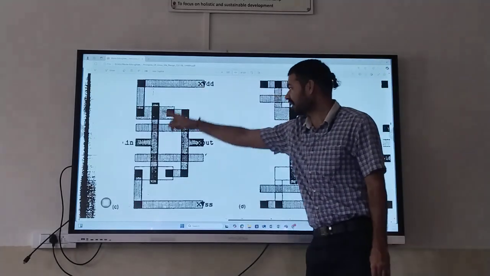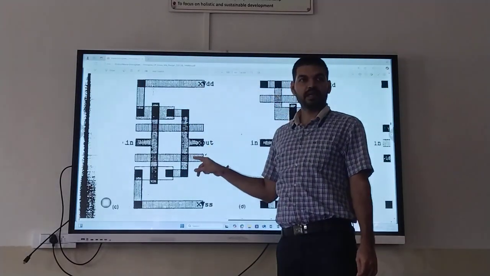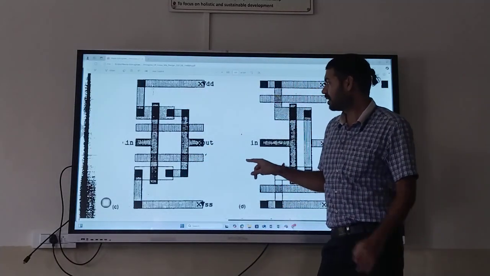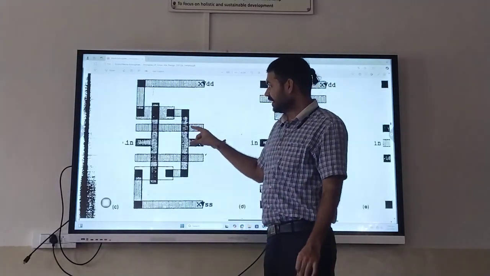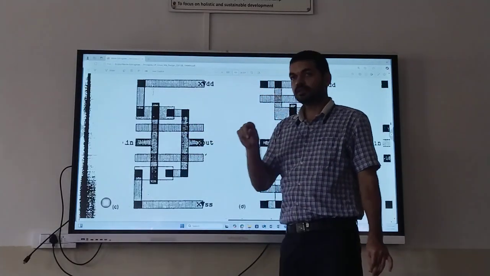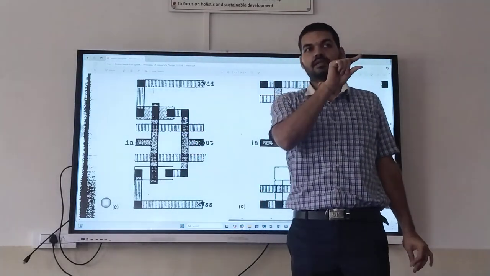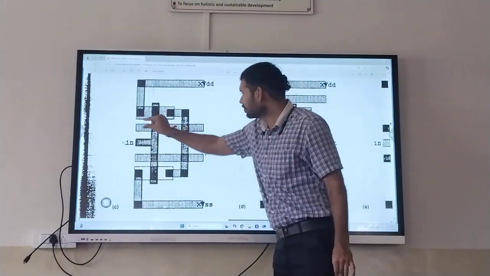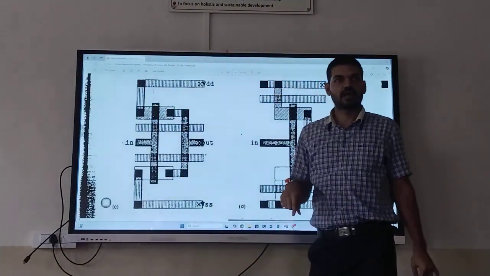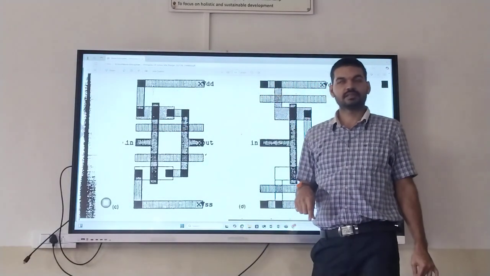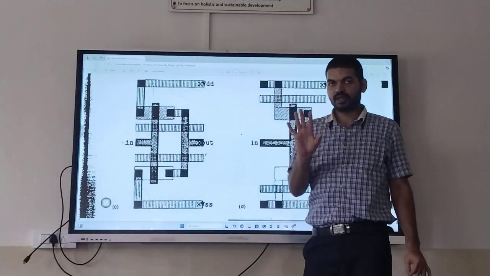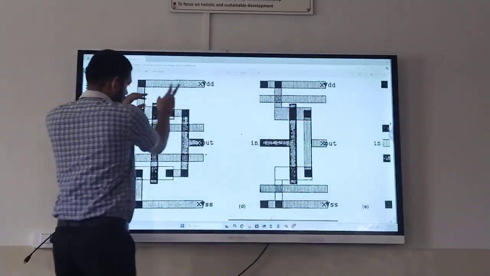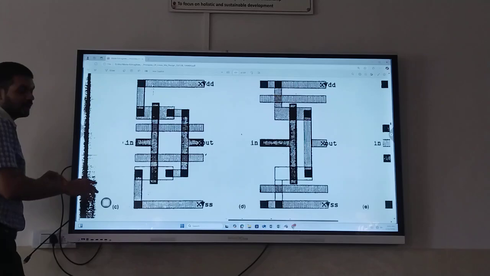So this is one scenario where I need to pass a metal 1 layer through this layout. See, there is some scenario where this is the inverter.